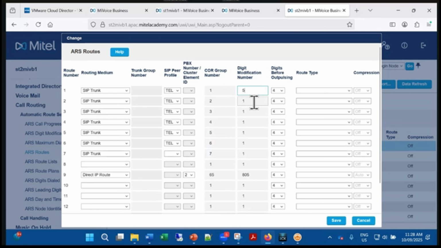All must have digit modification 5. Okay, and according to my table, route number 1 is the emergency route. Save.